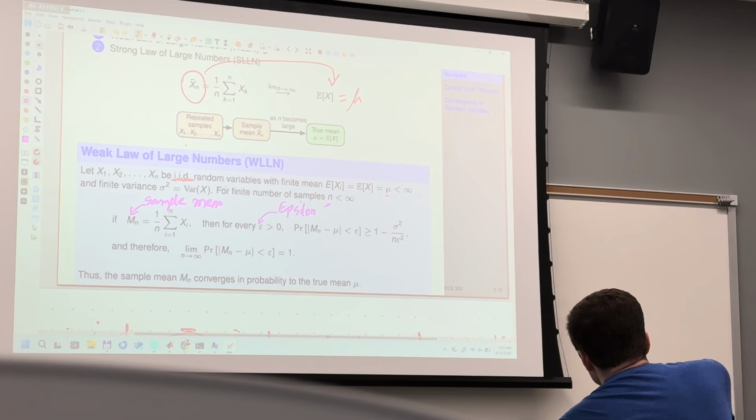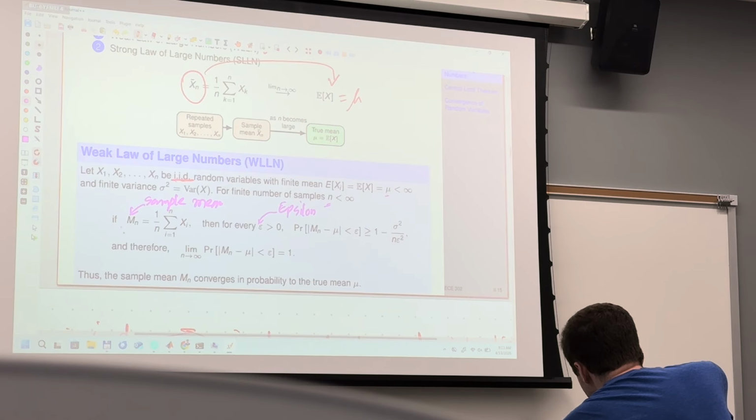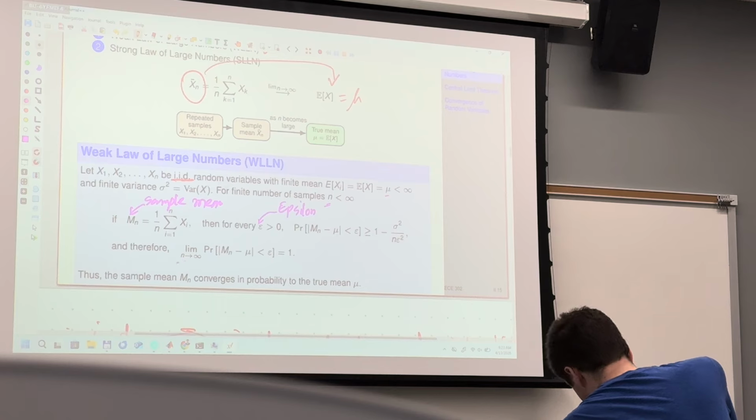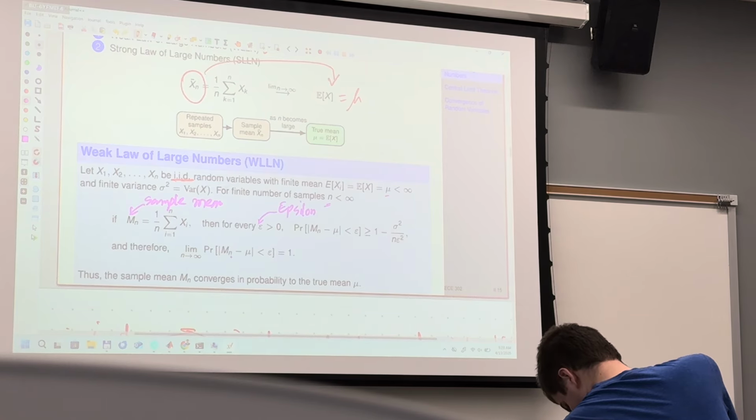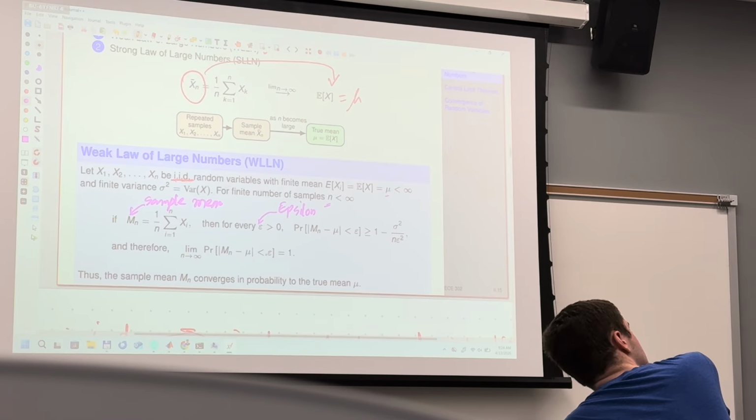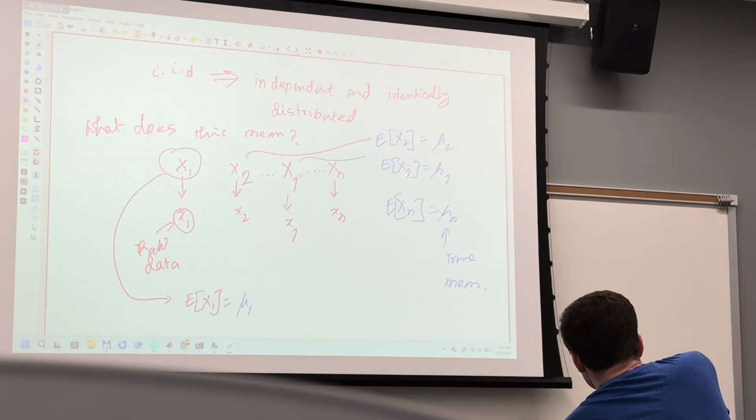Therefore, this weak law of large numbers says that as we increase n, the probability that the difference between sample mean and true mean is less than some small number goes to 1. And this is what I explained using this slide.